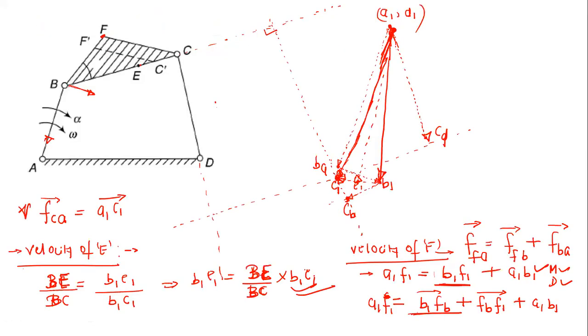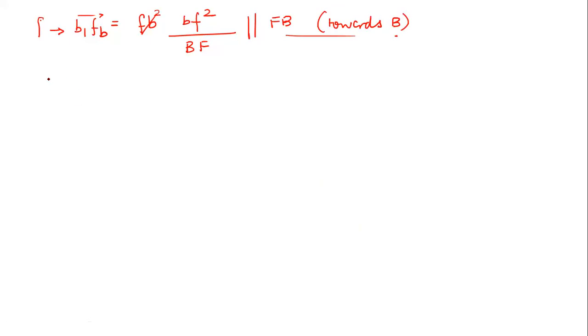Now let us move to the next one, the FB F1 vector. Is this vector known to us or not? This is a slightly tricky part. Do we know the FB F1 vector? This is the acceleration of point F relative to B, the tangential component, and the other is the centripetal component.